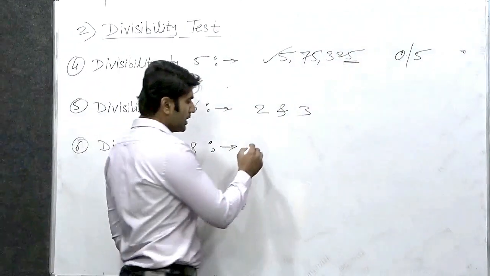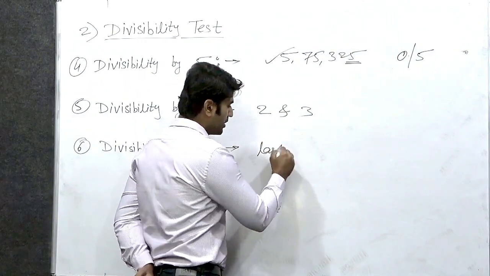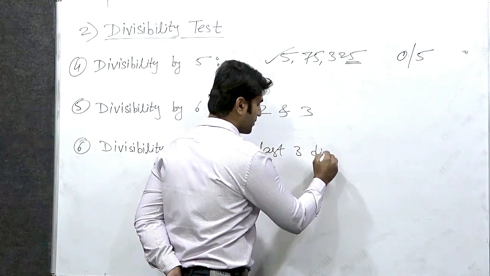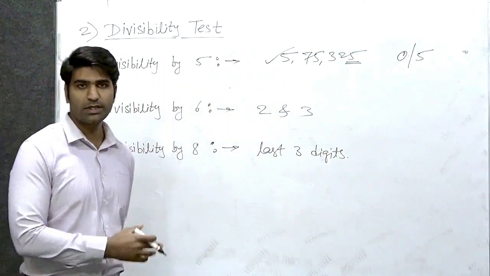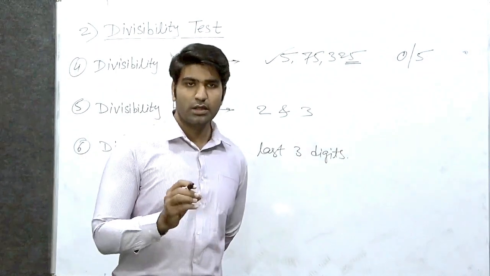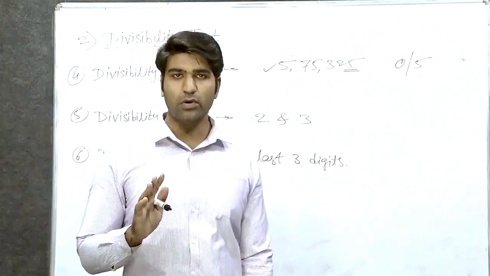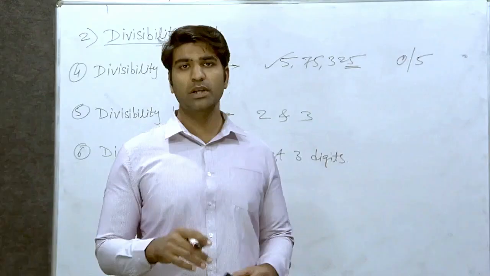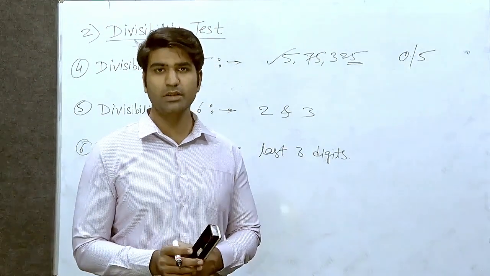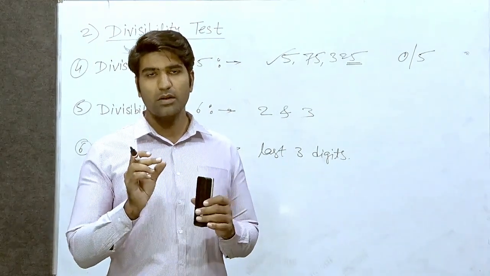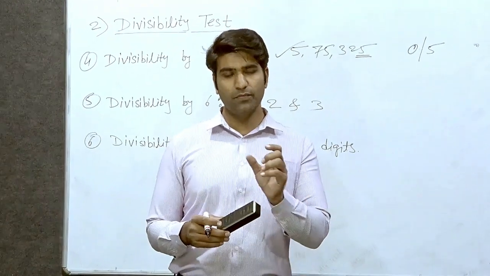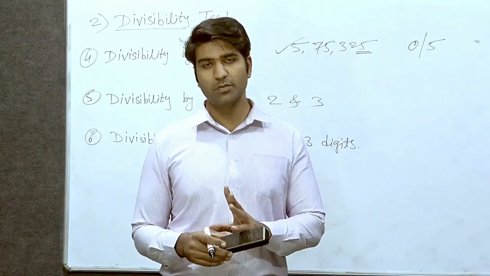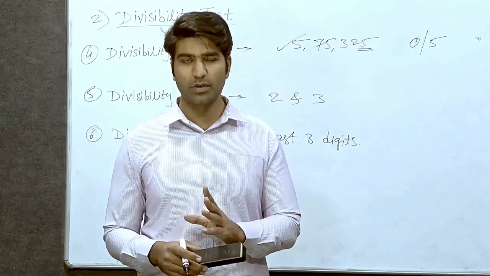For the divisibility test, I write here: last 3 digits. Check the last 3 digits. What does it mean? It is similar to 4. In the divisibility test of 4, what do we see? If the last 2 digits are divisible by 4, then the whole number is divisible by 4.